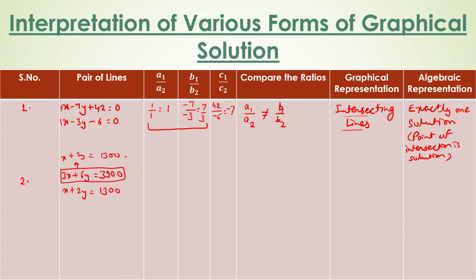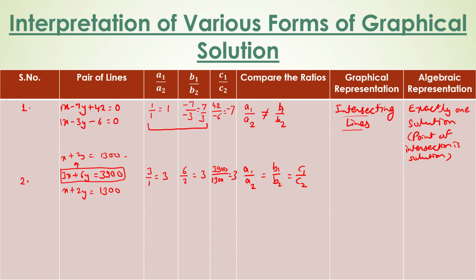But if we take the original form, then we have a1 by a2 as 3 by 1, that means 3. b1 by b2 was 6 by 2, that means 3 again. And c1 by c2 was 3900 by 1300, that means 3 again. So here we have observed that a1 upon a2 equals b1 upon b2 equals c1 by c2.